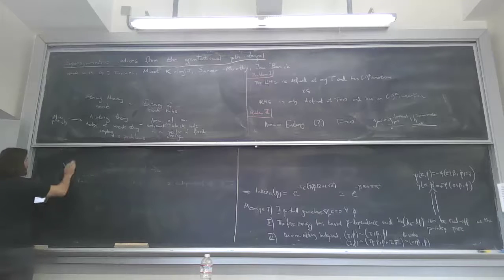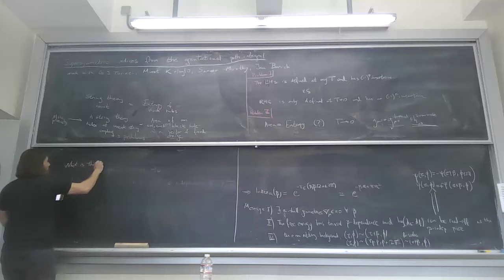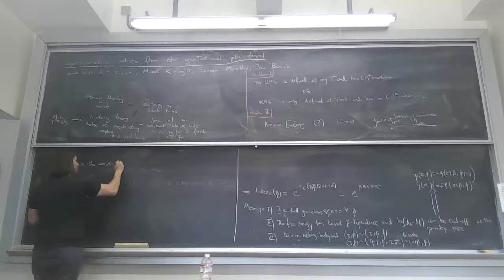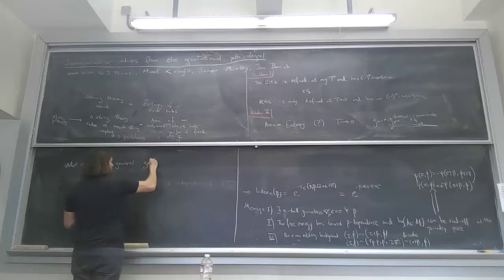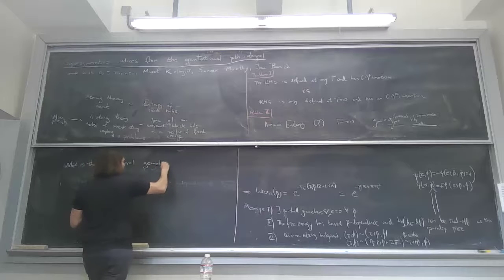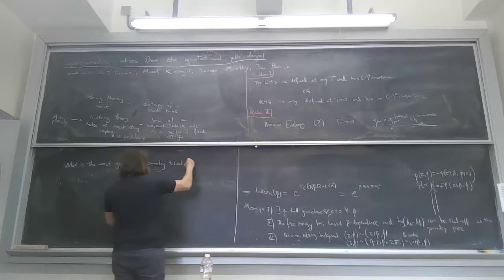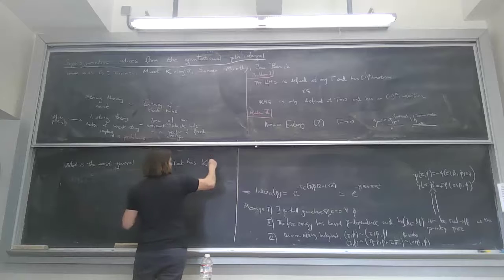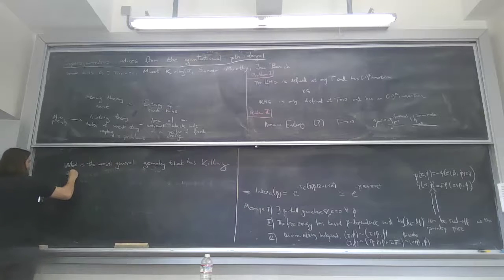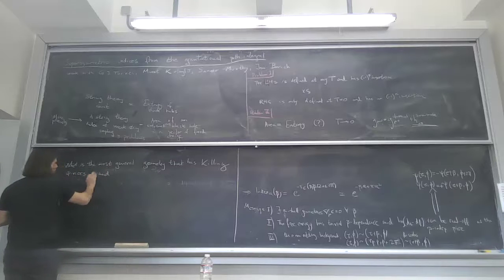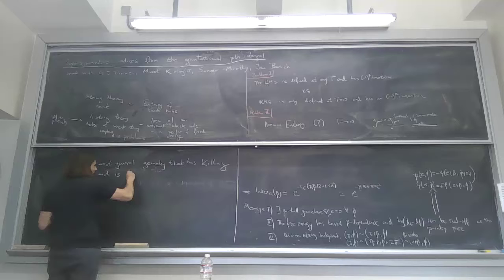So let's take the opposite approach and ask, what is the most general geometry that has Killing spinors and is a solution to the equations of motion in, let's say, Einstein-Maxwell theory?